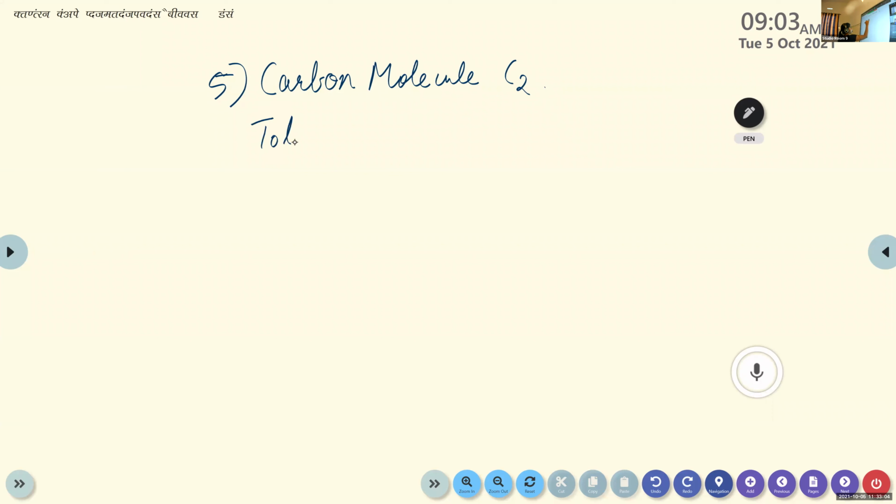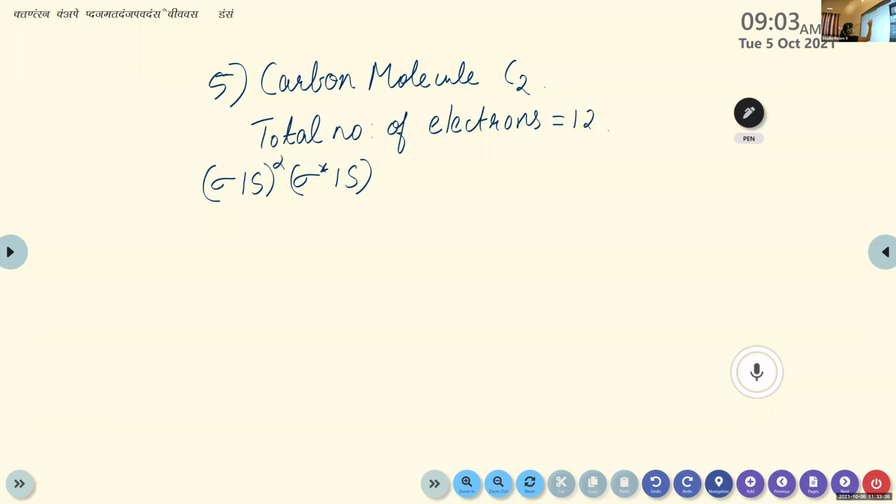What about the total number of electrons? 12, because each carbon contains 6, right? So the total number of electrons is 12. Next, we can write the electronic configuration. Sigma 1s2, sigma star 1s2, sigma 2s2, then sigma star 2s2.